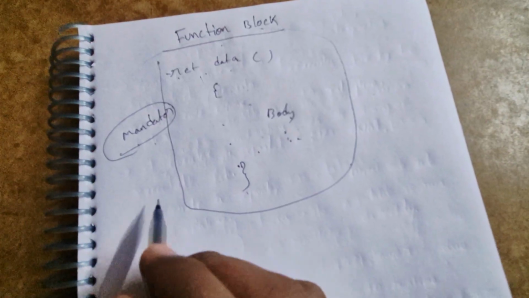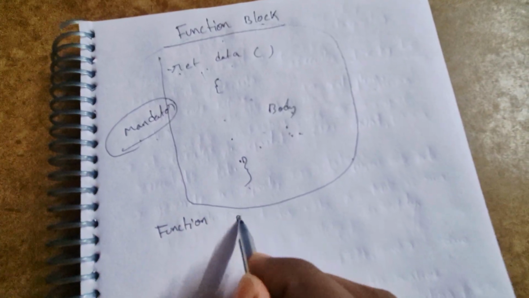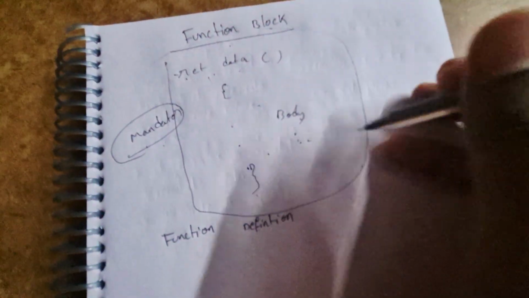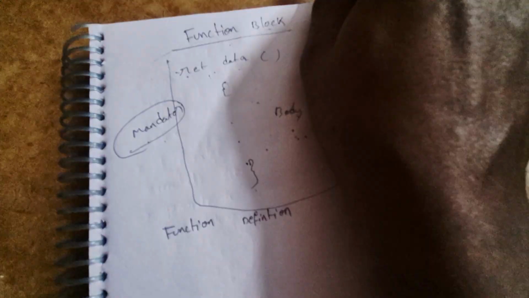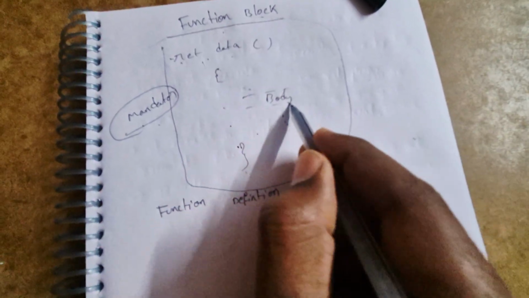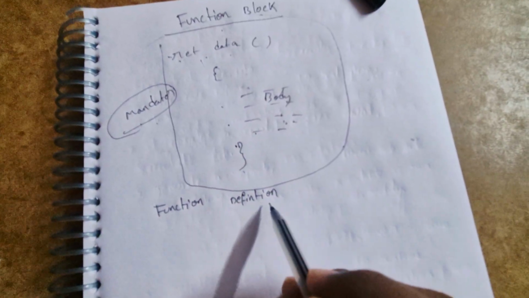In a function block, function definition means you wrote some code lines, and it has many lines.